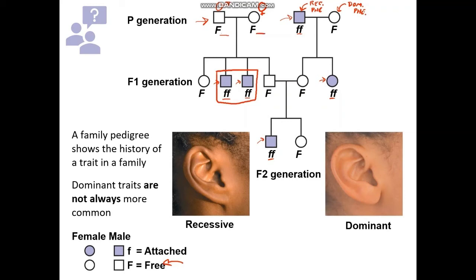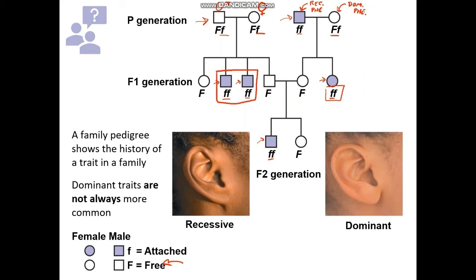This parent had a recessive allele to give. They can't have two recessive alleles in the F1 generation unless both of these parents had a recessive allele to give. So right away, we can fill in any parent that has homozygous recessive offspring. They must have at least one recessive allele.